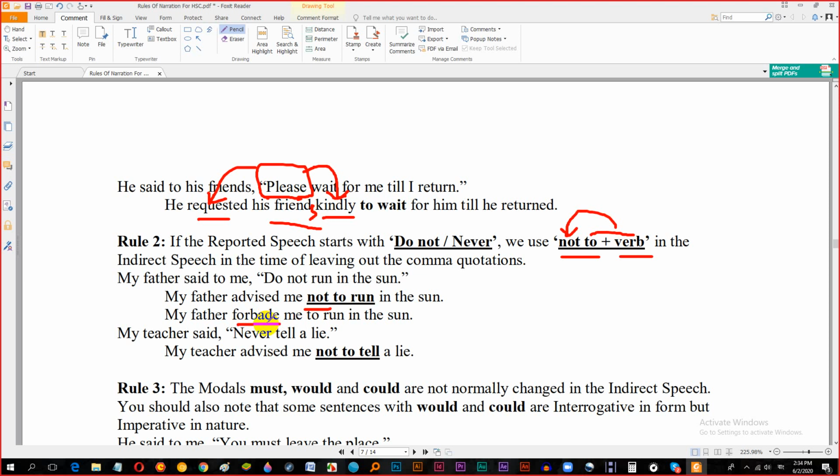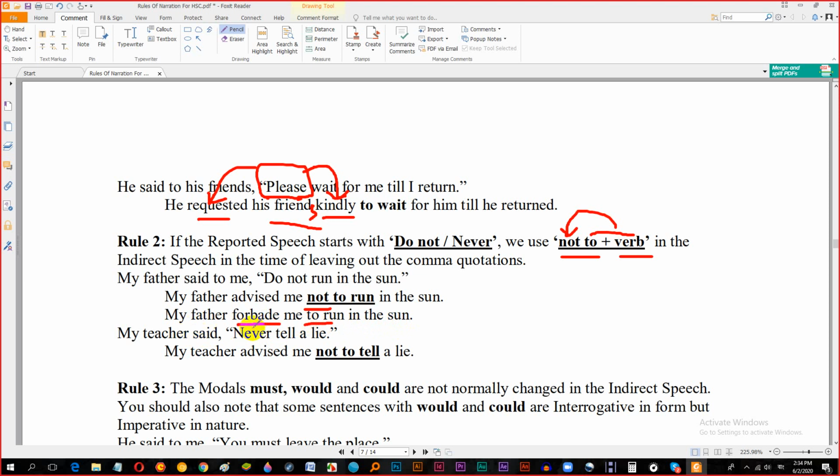I think Shajid had posted something like this in our free Ingreji Shikha group before, that is called redundancy or repetition. So we cannot use in our sentence, "My father forbade me not to run in the sun", then it will be a wrong sentence. When this type of sentence comes in your university admission test, you have to find out the correct sentence.